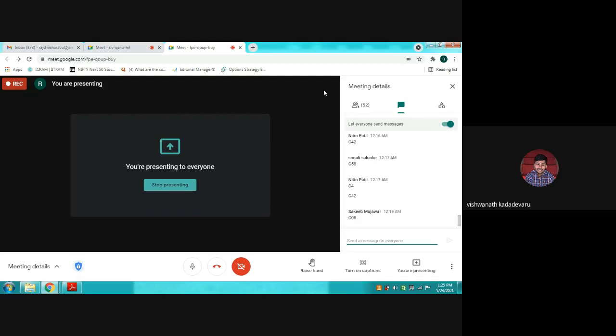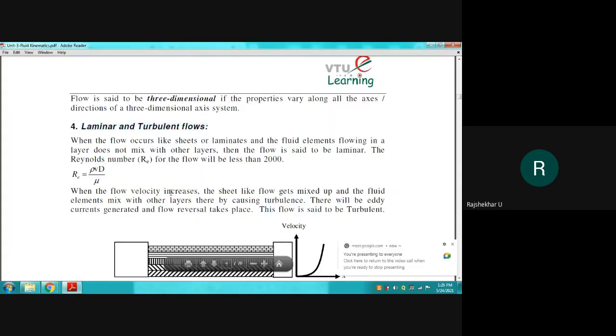Laminar flows are those flows which go in a straight line, and turbulent flows go in a zigzag way. Yes, it is almost correct. Can somebody refine it? 99% you are correct. What he said is correct. Does anybody want to refine it?